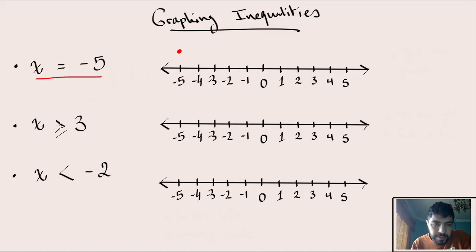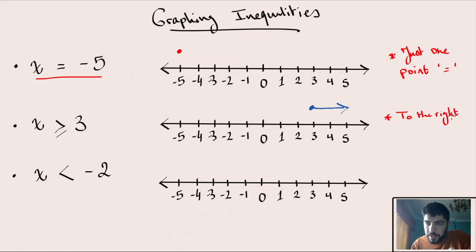Again, remember this is greater than or equal to. And this is +3. So we go to +3 here. We put the point in because it can be equal to 3, but it can also be equal to anything greater than 3. And so we draw this line. Okay. So notice the difference. Here, just one point because it's equal to -5. Here, it's a line to the right because it's greater than, and it's a full circle.